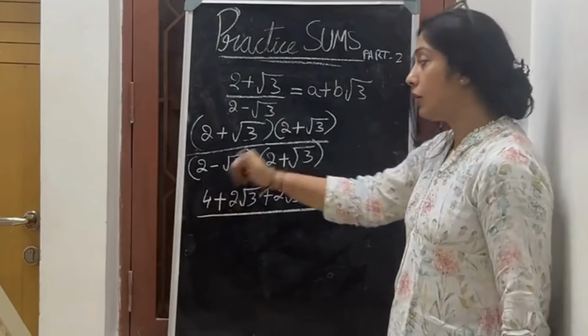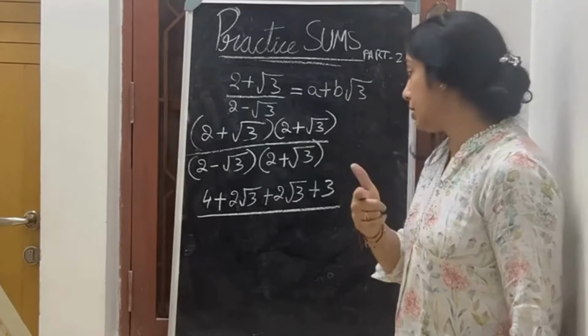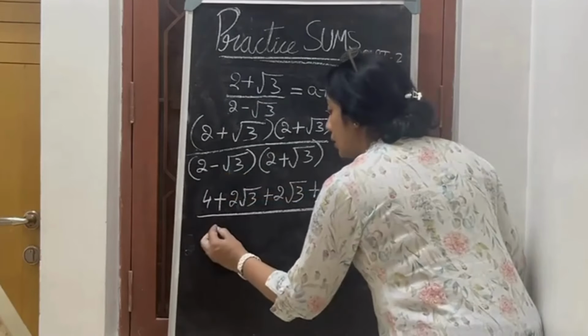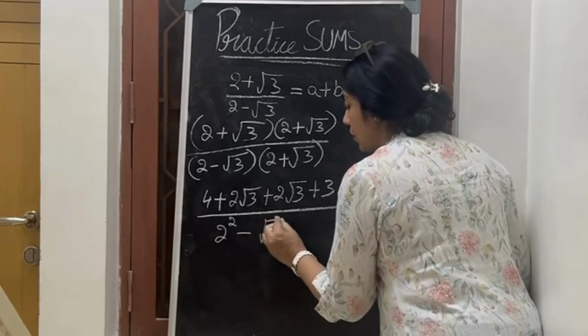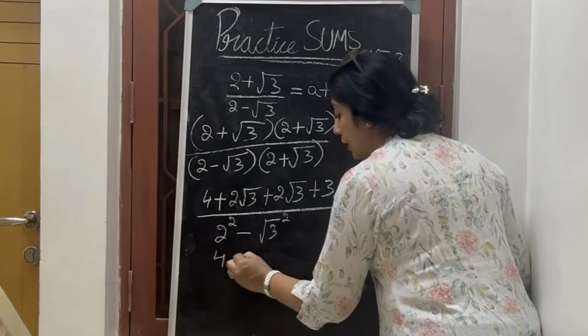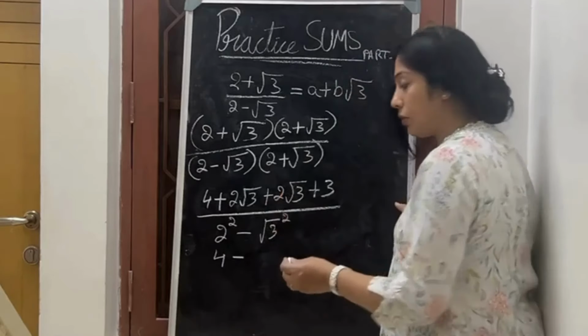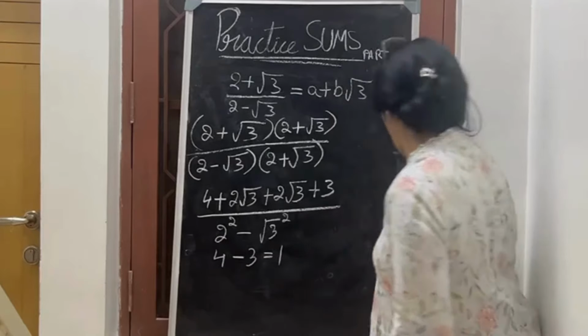Now the denominator. If you remember, a plus b into a minus b is a square minus b square. So it is 2 square minus square root 3 square. So what will it be? This will be 4 and this will be square root 3 into square root 3, 3. Which will be 1. So my denominator is only 1.